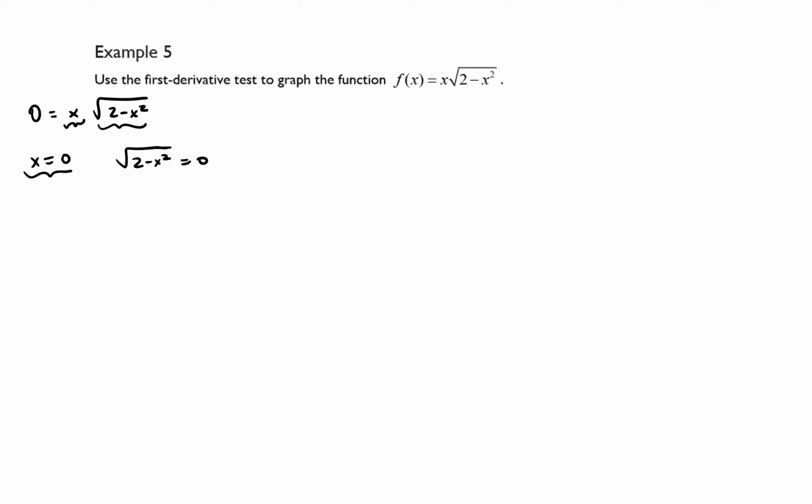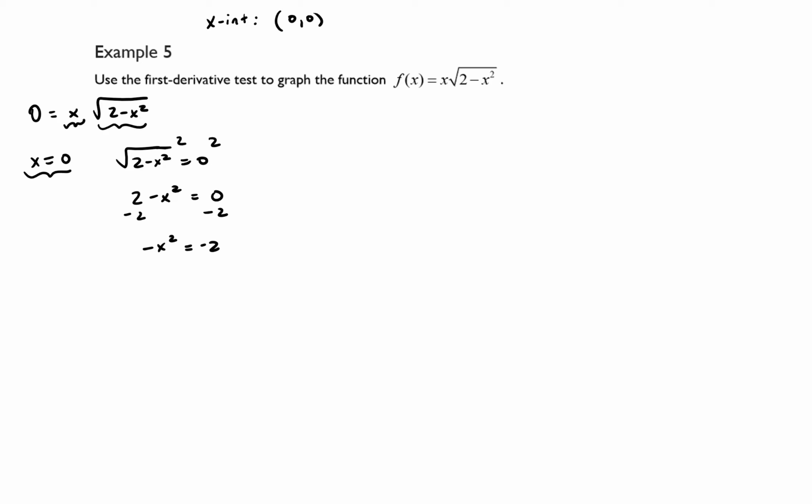And this is already solved for, so there is an x-intercept at the point (0, 0). And then if we solve this one, if I square both sides of the equation, then I get 2 minus x squared is equal to 0. Then I could subtract 2 on both sides.